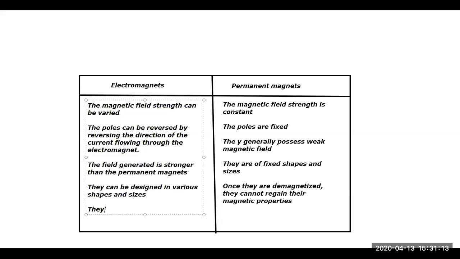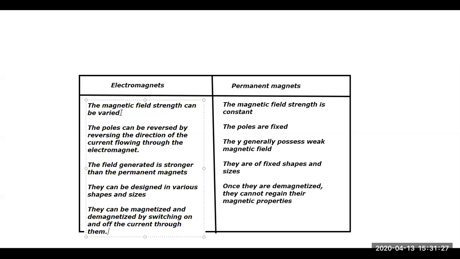And then they can be magnetized and demagnetized by how? Switching on and off the current through them. Beautiful, isn't it, children? Right? So I can switch on and off the current that is flowing through the electromagnet and either magnetize or demagnetize it.